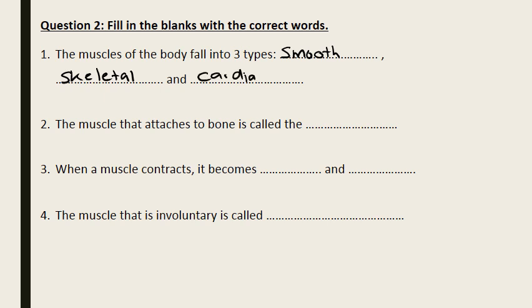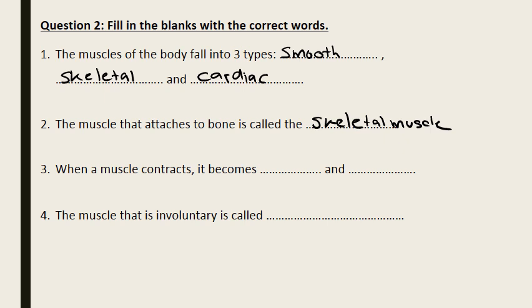So these are the 3 muscles in our body. The muscle that attaches to the bone is called the skeletal muscle. The cardiac is found in the heart. The smooth is found in the organs.